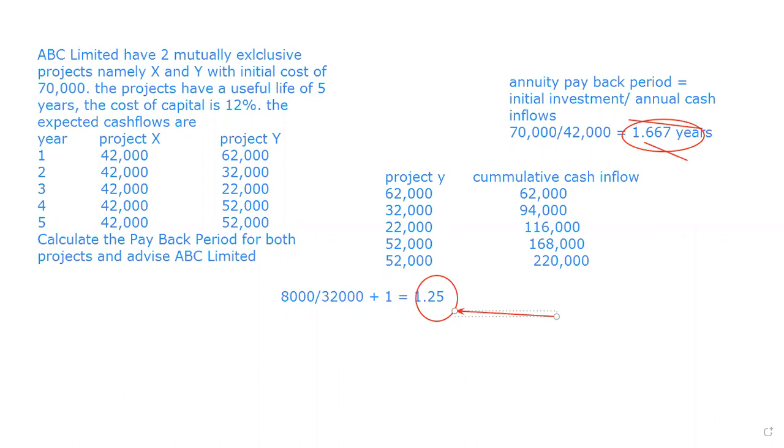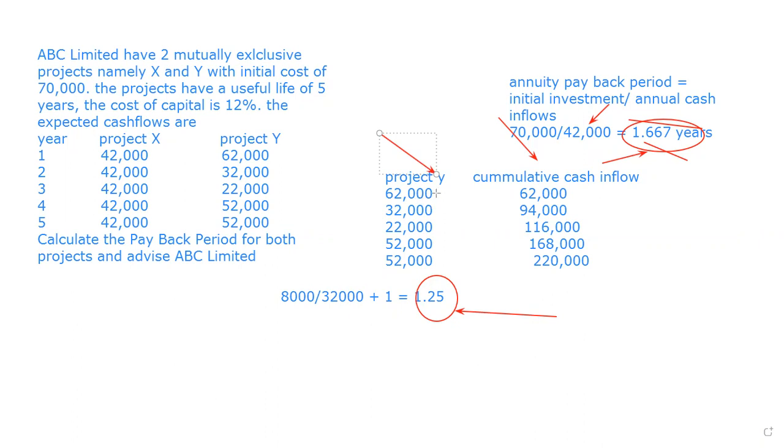Remember, this was a simple illustration. The first thing you need to do, if we are using the annuity, which is constant cash flow, is take the initial cost of investment, which for our case was 70,000. Then you divide with the annual cash flow, which was constant, which will give you 1.667. But for project Y, you have to get the cumulative cash flow.